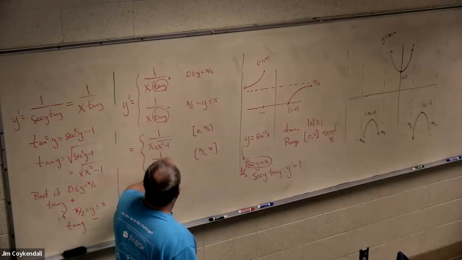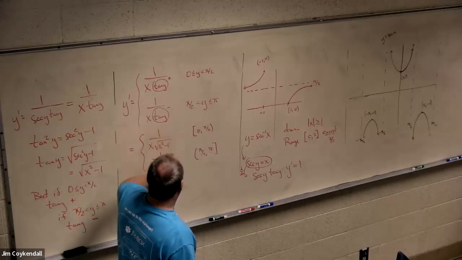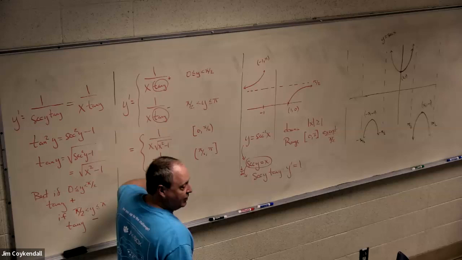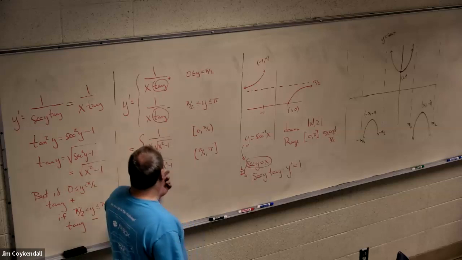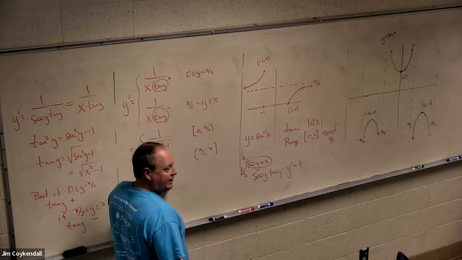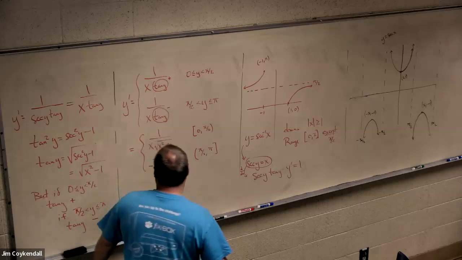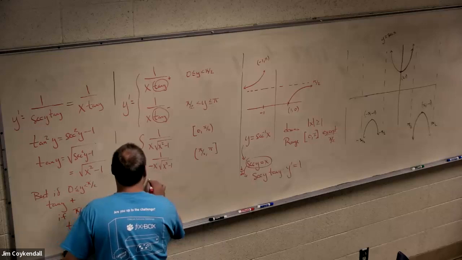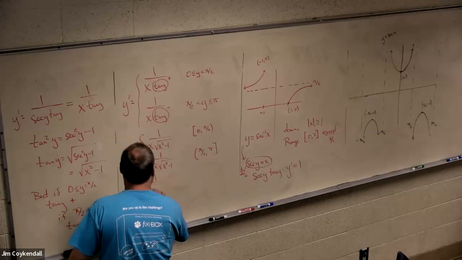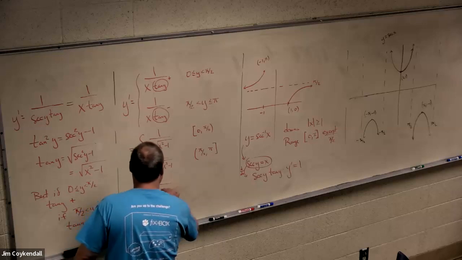Why the negative? Because now the tangent of y is negative, and that square root that's supposed to represent it is already positive. But notice in this range x is negative, and in this range x is positive. So I can collapse this the following way.